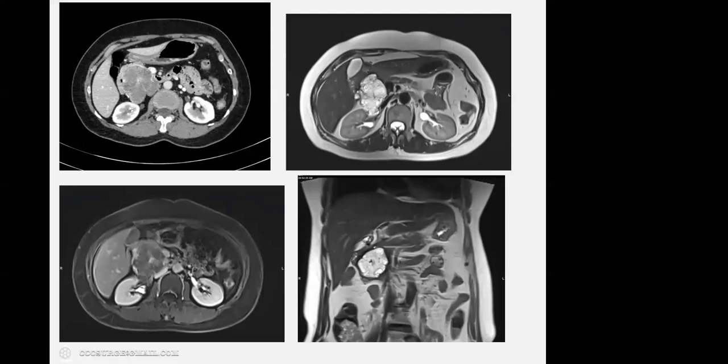Remember two things from the exam point of view. In CT scan, we give iodinated contrast. Earlier, we used to give ionic iodinated contrast, but now we give non-ionic iodinated contrast.